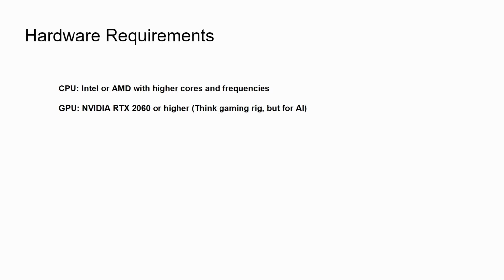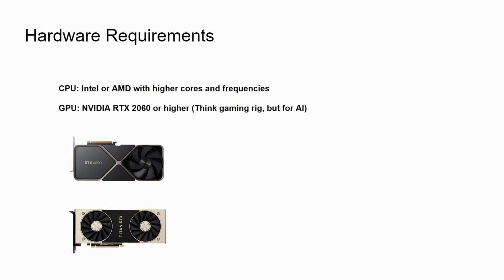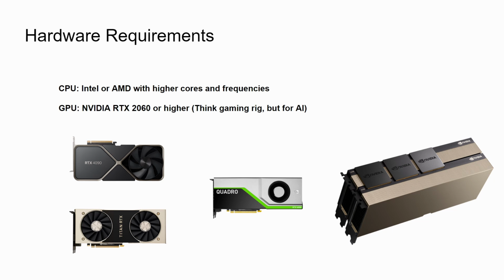But if you are serious about performance or want to run bigger models, you should look at higher-end options like the NVIDIA RTX 3090, 4090, Titan, RTX 6000, or more expensive GPUs like NVIDIA A100 or the cutting-edge H100 GPUs.